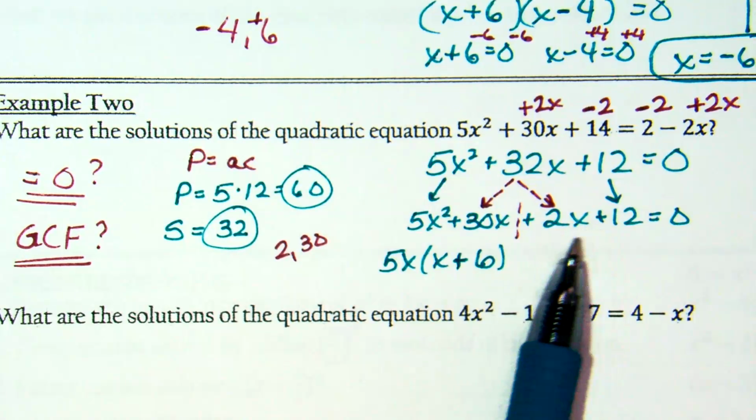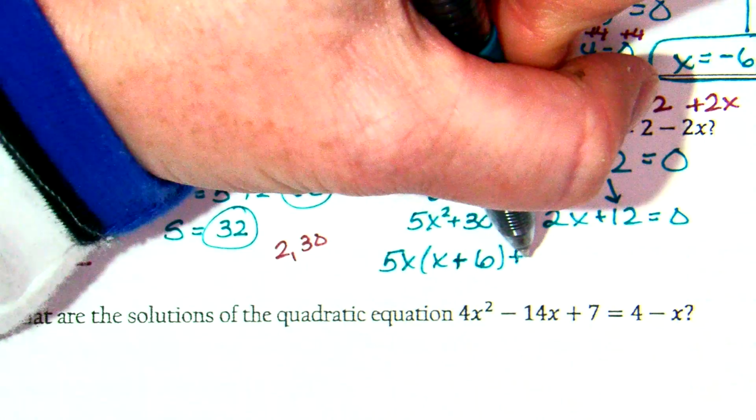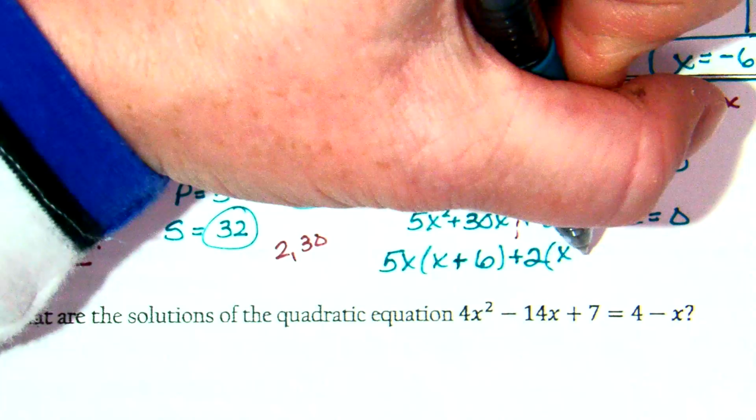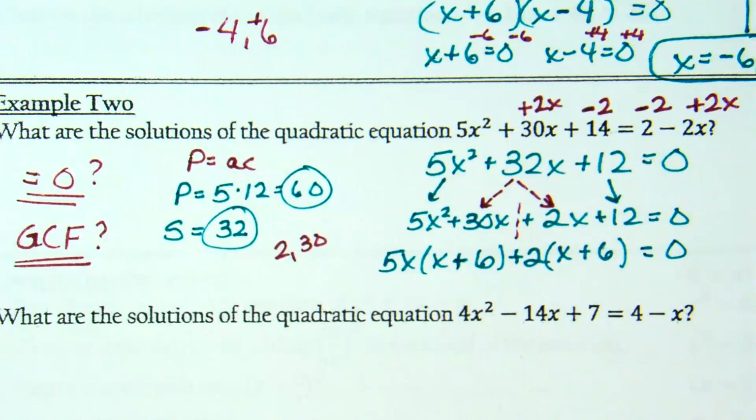Okay. GCF of the second half. What do 2x plus 12 have in common? A 2. So I'm going to put a plus 2 after those previous parentheses. 2x divided by 2 is x, plus 12 divided by 2 is 6. We feel good about this because my x plus 6 is matched.